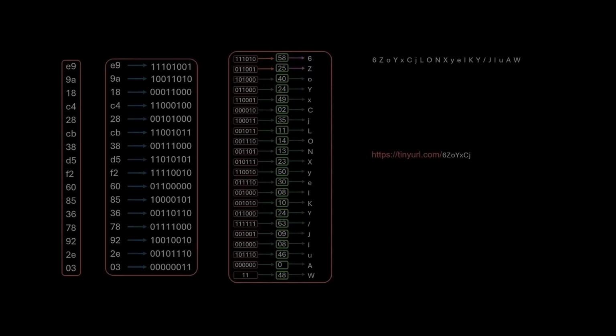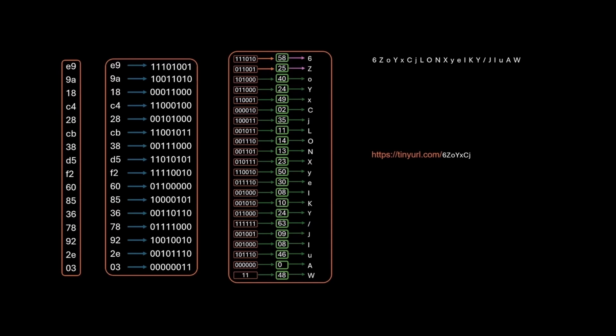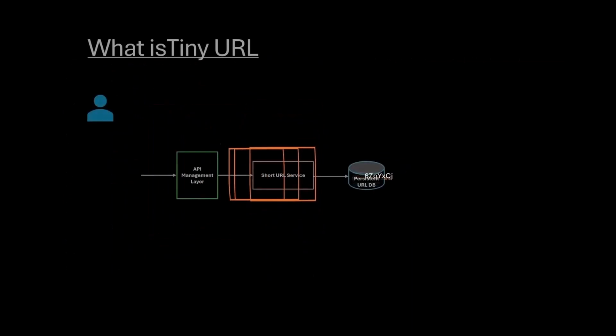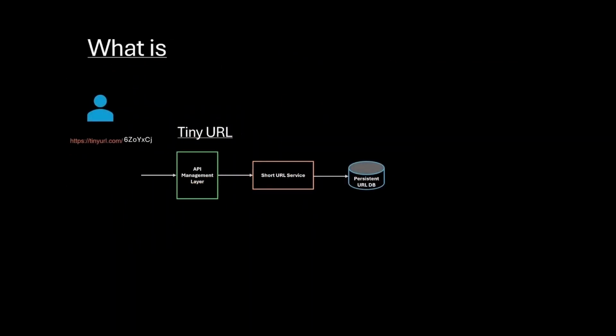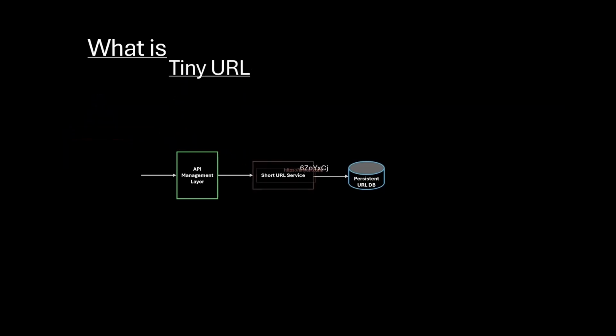Okay, let's go back to our previous slide of TinyURL. That's how we take 7 characters, create the TinyURL and send it back to the user, right? The user uses that TinyURL and is redirected to the actual URL. So let's go back to the construct of this service.